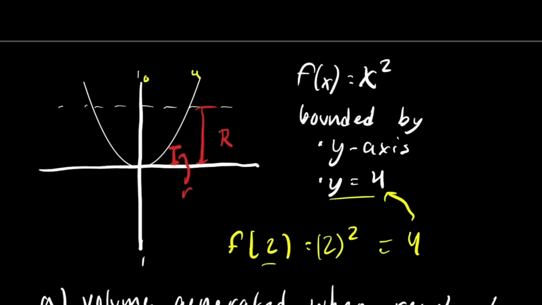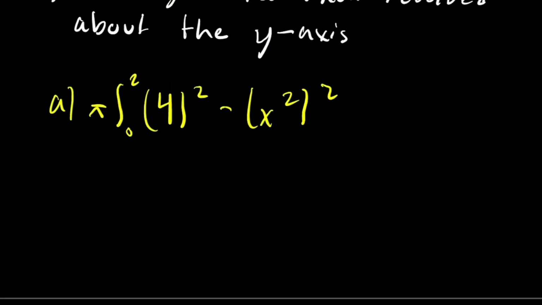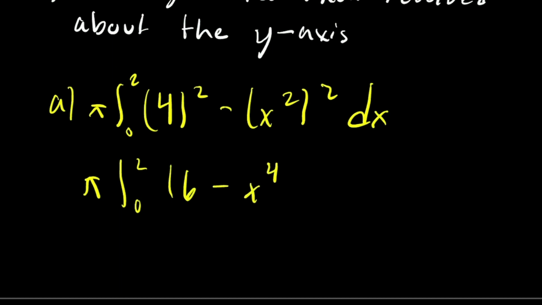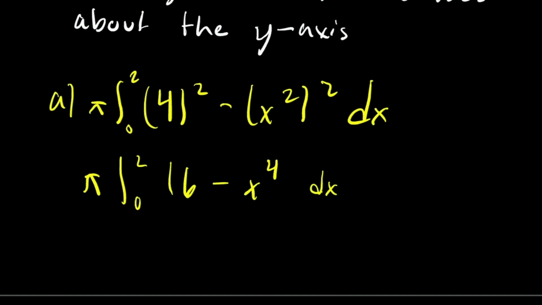So this distance is given by f of x. All right, so we can do our math. So pi times the integral of 16 minus x to the fourth dx.